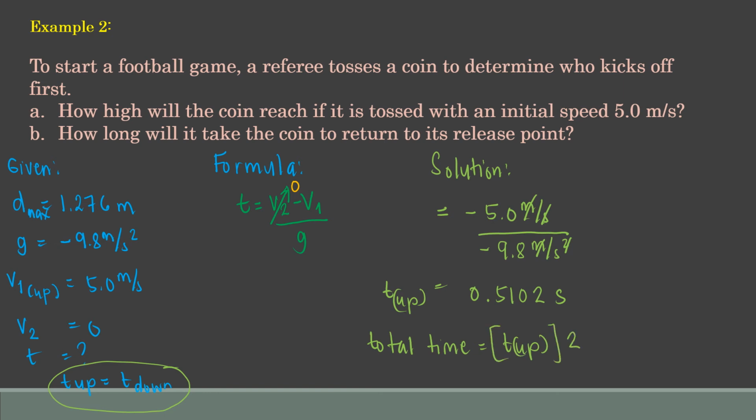So you have 0.5102 seconds multiplied by 2, and our time now will become 1.020 seconds. So this is the total time. In the next video, we'll have the last example for free fall.